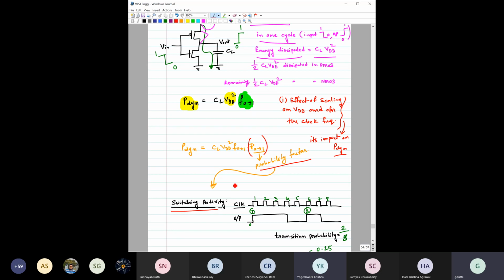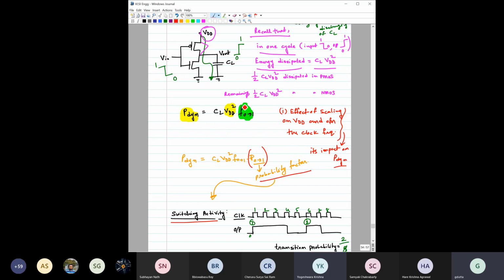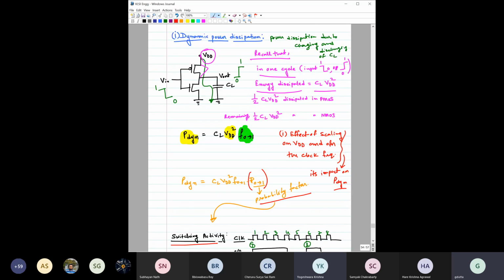So this will give you some idea about how to estimate the expression. Effect of scaling on VDD and clock frequency, this F naught 0 to 1.